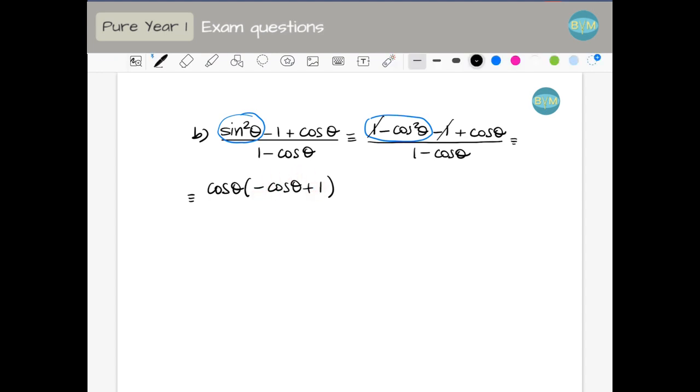So the minus after 1 minus cos theta, 1 minus cos theta divided by 1 minus cos theta. And then you have it, because you can cancel this factor, this denominator, and this is cos theta. Yeah, and that's the right hand side. We started with the left hand side.